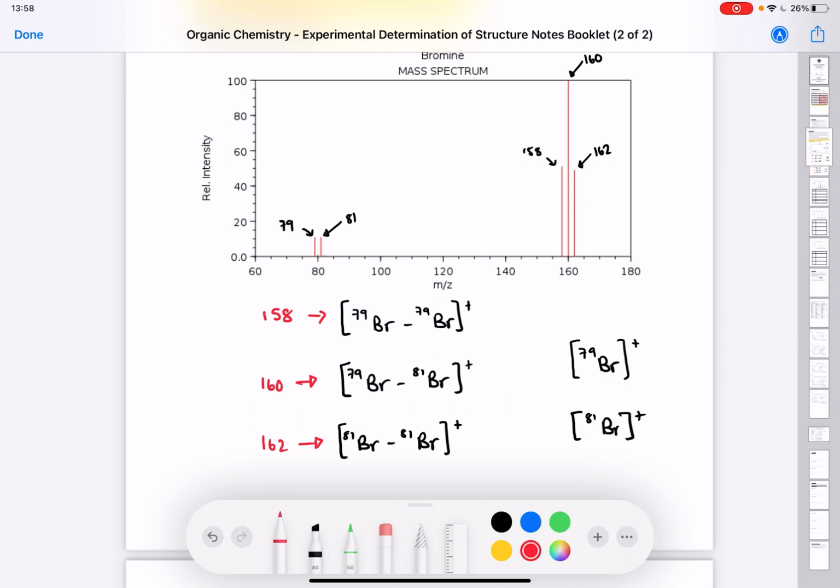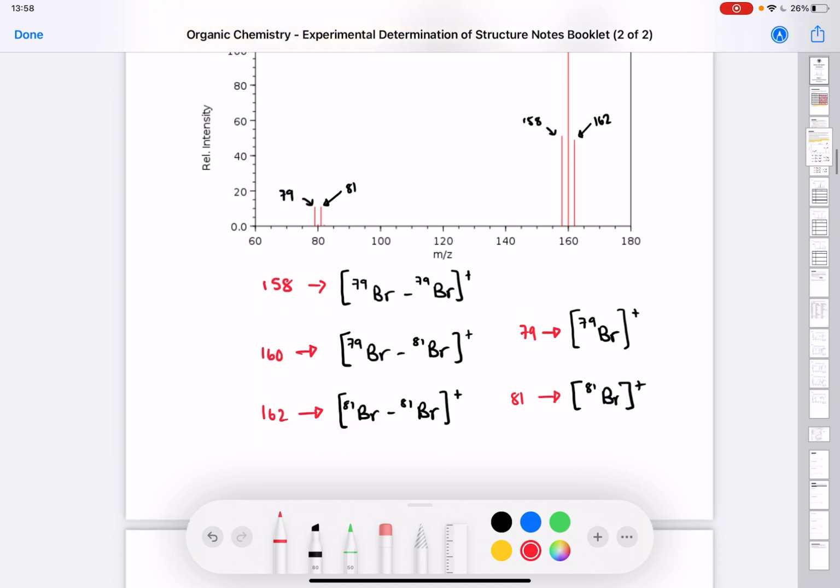So the peak at 79 would be from that bromine ion with a mass of 79, and the peak at 81 would be from the isotope with a mass of 81. So 5 different peaks in our bromine mass spec relating to 5 different possible ion fragments that we could get.